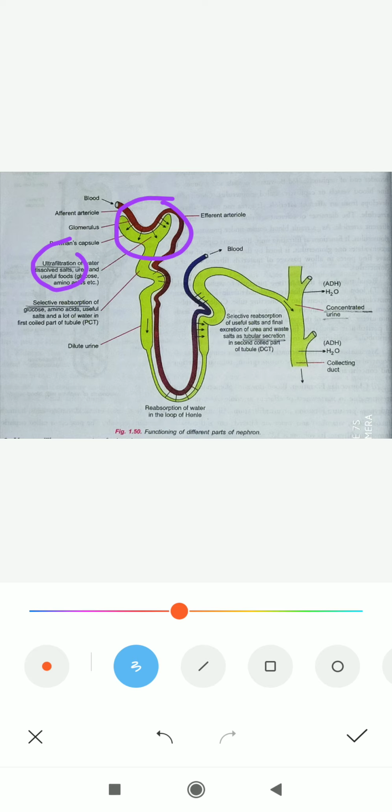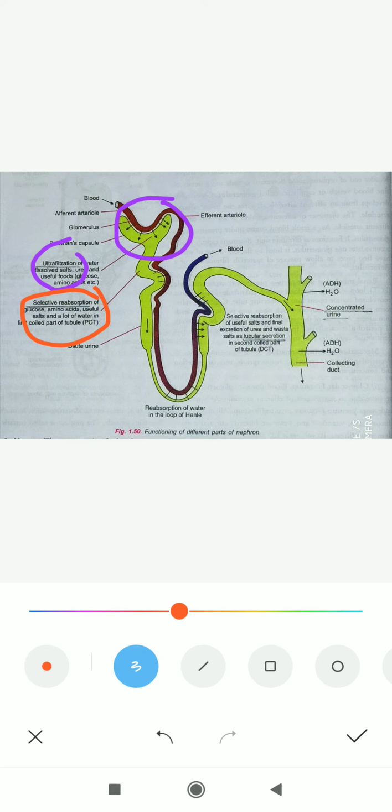In this part we can see the second main step, and that is selective reabsorption. In this proximal convoluted tubule, the main substances like glucose, amino acids, potassium, sodium, water and other substances which are required by the body are reabsorbed.